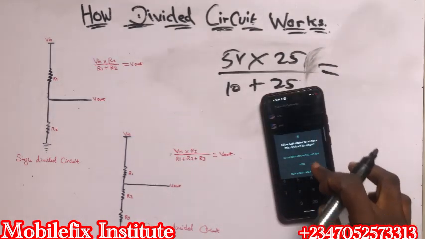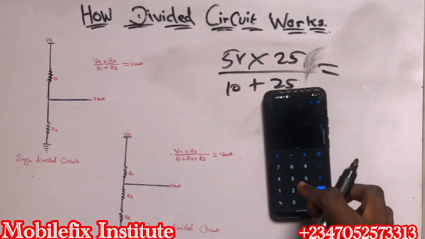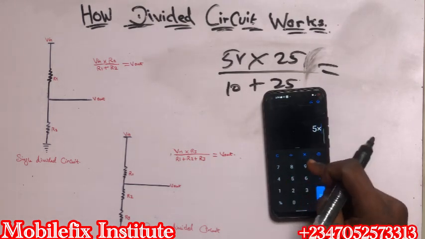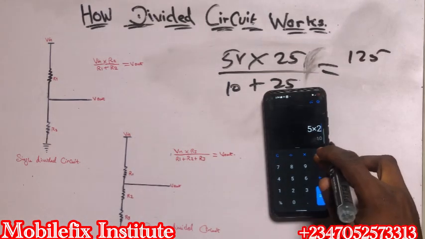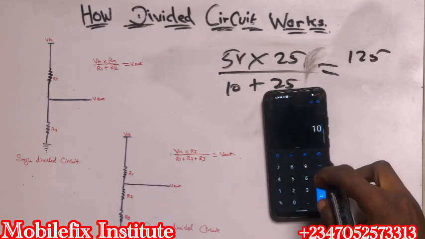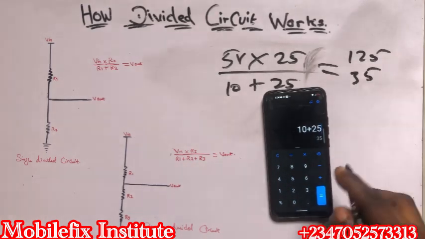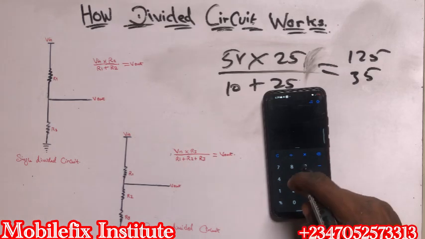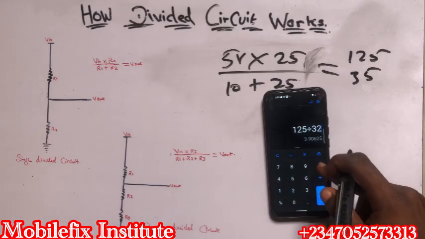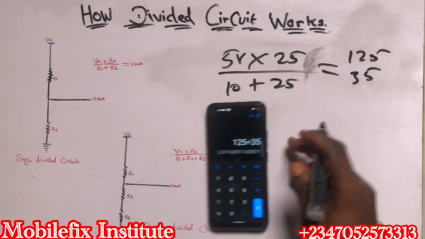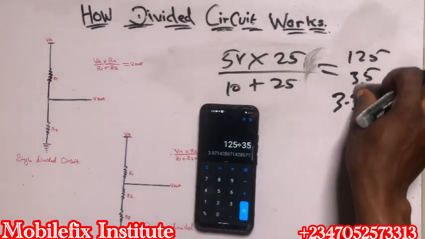Let's see what it will give us. 5 times 25 is 125, then 10 plus 25 gives us 35. 125 divided by 35 gives us 3.5.